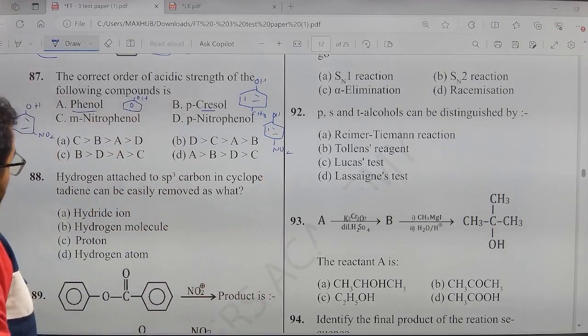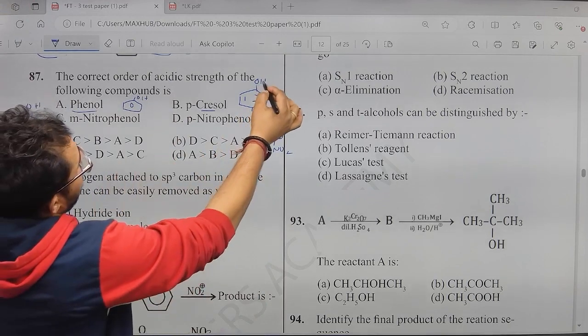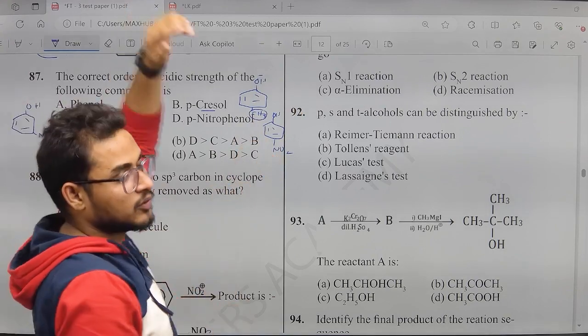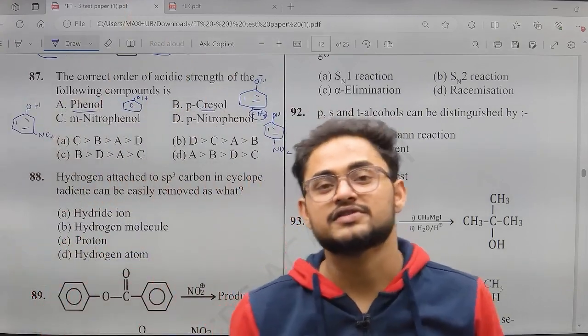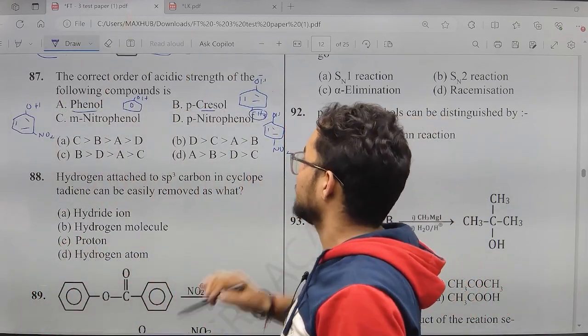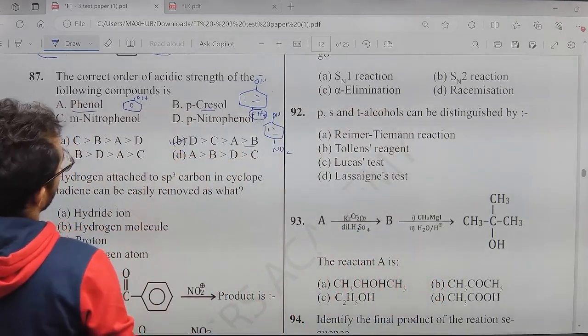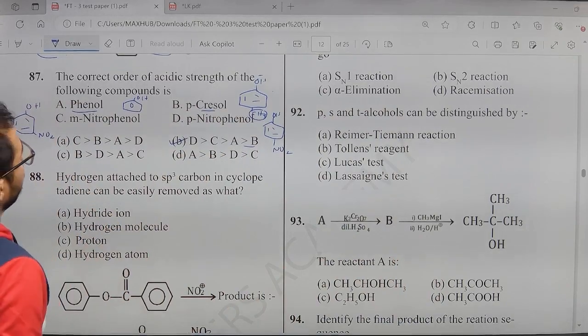If H plus is removed, an anion will be formed, and this CH3, due to hyperconjugation and plus I effect, will destabilize it, so it will be showing the least acidity. So B should be at the end, and only this option is having B at the end, but okay, let's see the options.